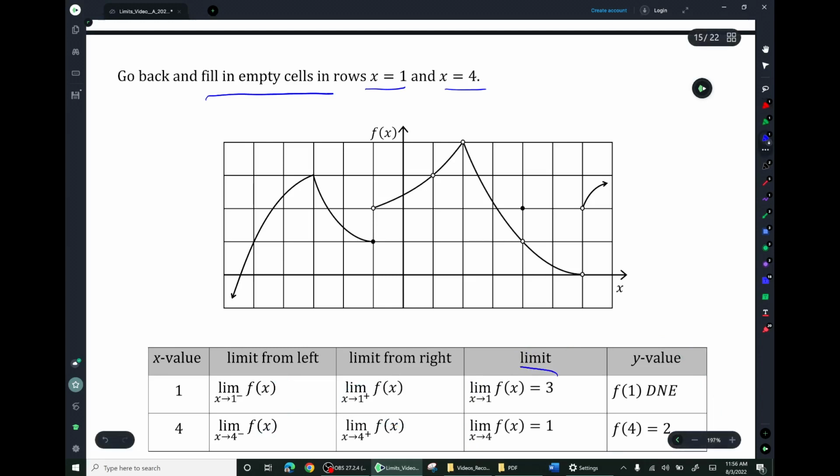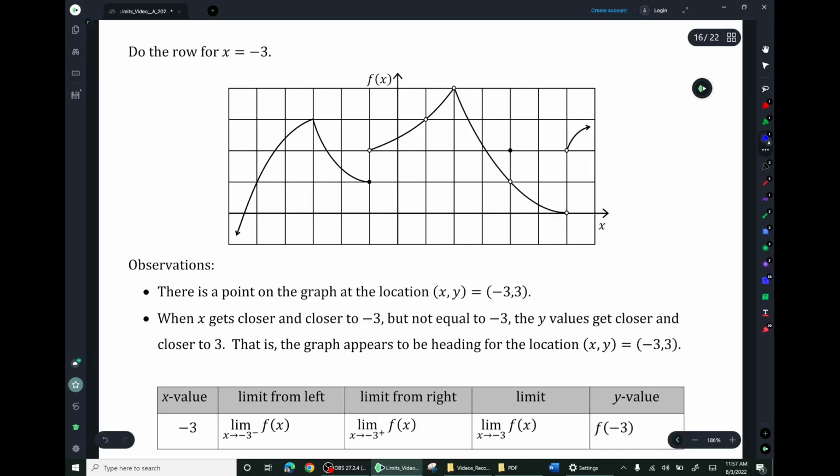In the first case, in this row, we know that limit exists, so that must mean that the left and right limits both exist, and they also have that same value. So we can put equals 3 in these two cells. And earlier we found that the limit as x approaches 4 of f of x is 1. Well, that must mean that the left and right limits both exist, and they are also 1.